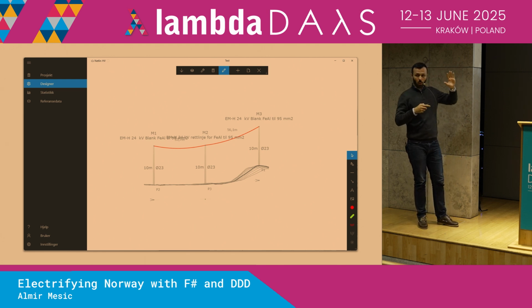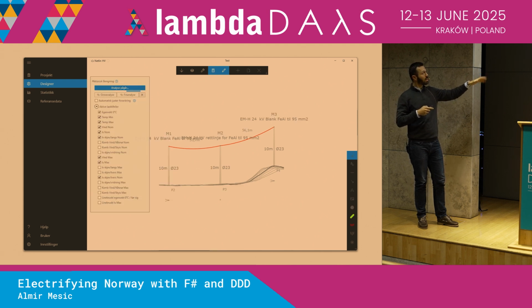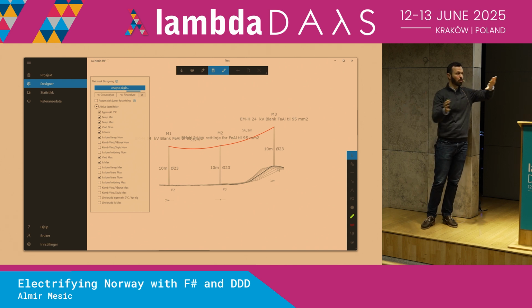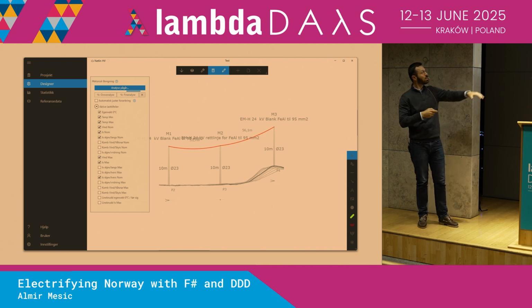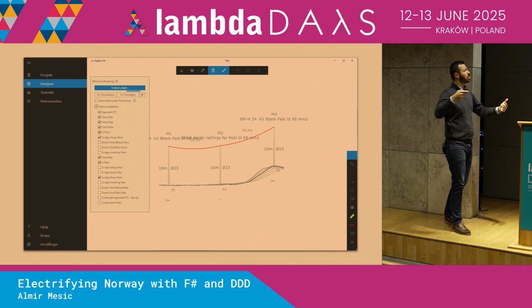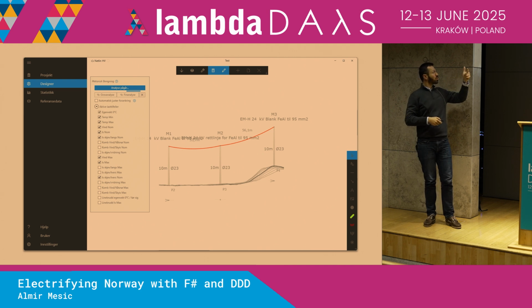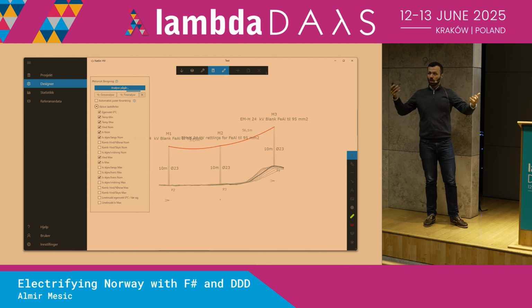So once you've mapped out or placed out your poles, the next thing is then to analyze. So you take this model, you push it into the finite element engine, and then you run a certain set of loads. In this case, we have minimum temperature, maximum temperature, wind, ice, skewed ice, and so on and so forth.